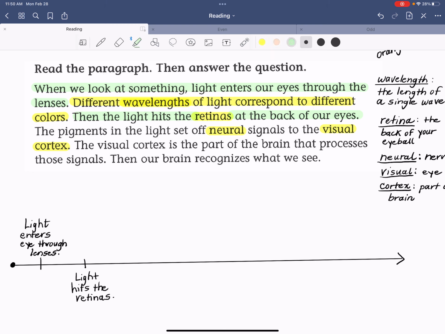Then what happens? The pigments in the light set off neural signals to the visual cortex. So there are particles, there are pigments, colors in the light.